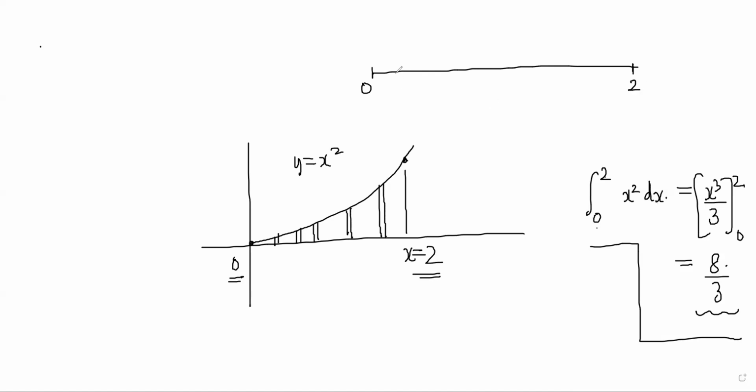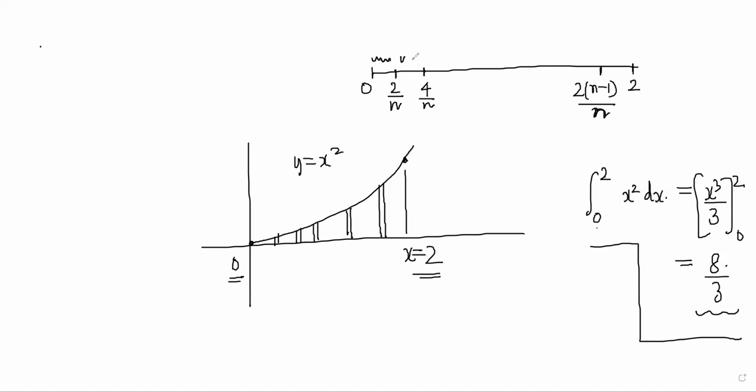If I need n rectangles, this is my first marking. That should be at 2 by n, right? And the second marking will be at 4 by n and so on. And this marking will be at 2 into n minus 1 by n, right? Yes, sir. Do you understand what I'm saying?